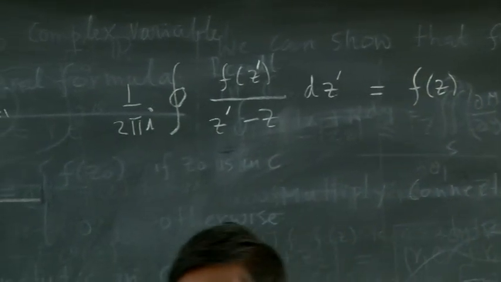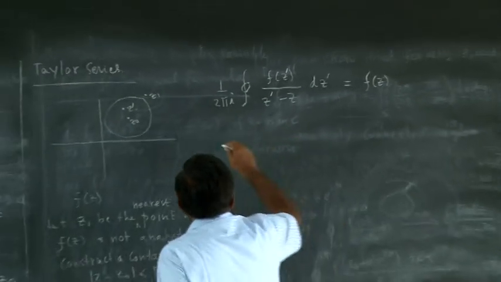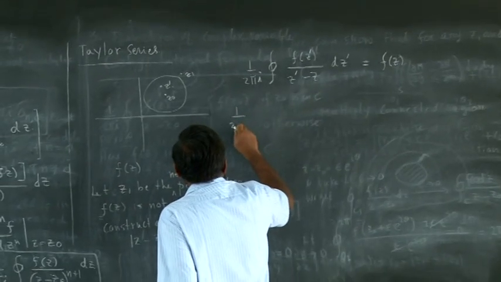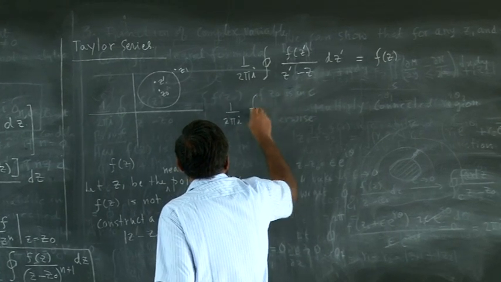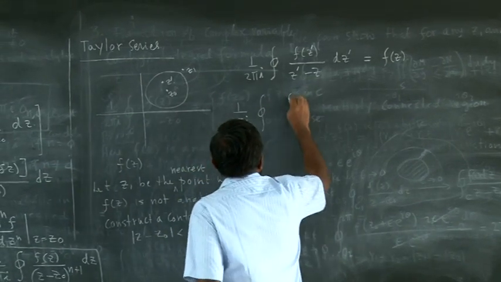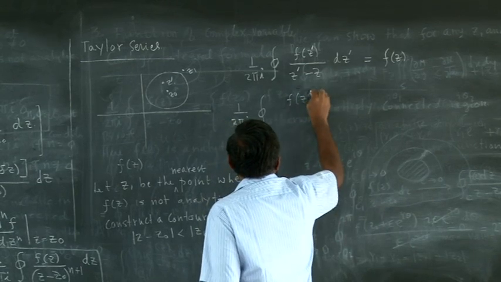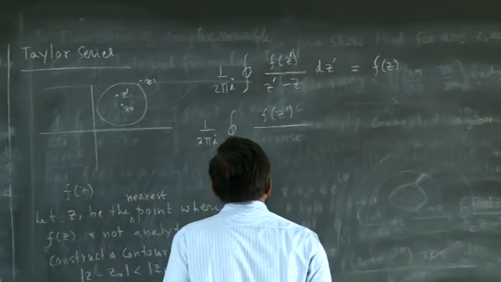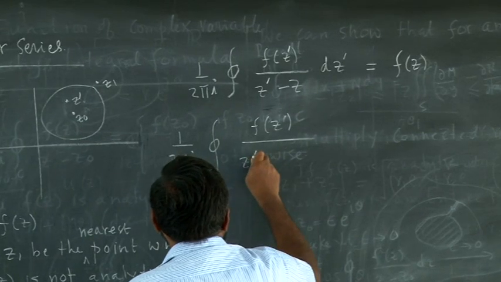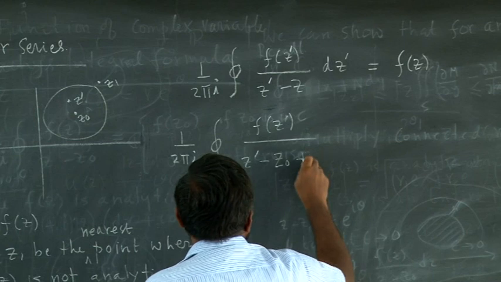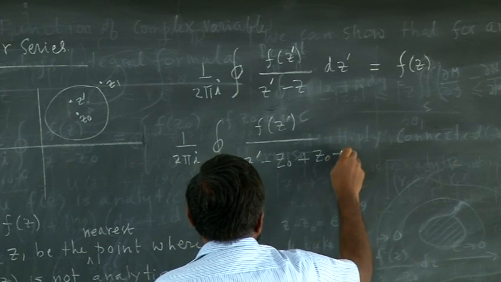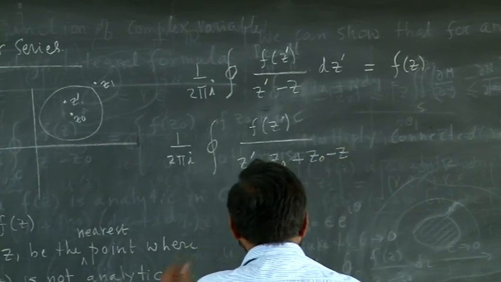Okay. Now I am going to rewrite this. This is just a manipulation. So let me write this as integral over the curve f of z prime divided by z prime minus z naught plus z naught minus z.